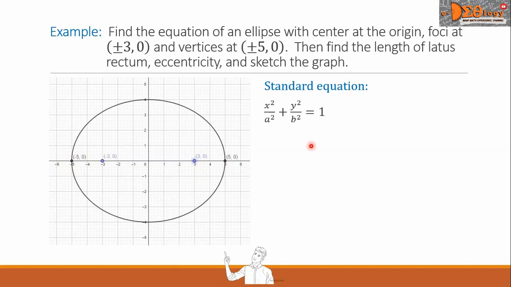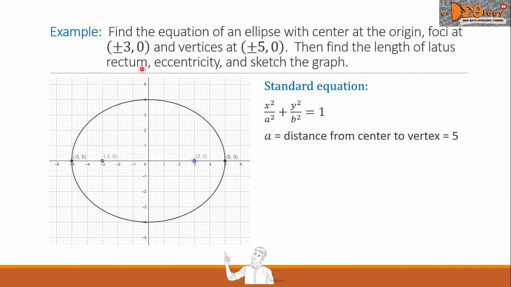In this equation, we need the values of a squared and b squared. We know that a is the distance from center to vertex. The center is at the origin and the vertex is (5, 0). It means a equals 5.